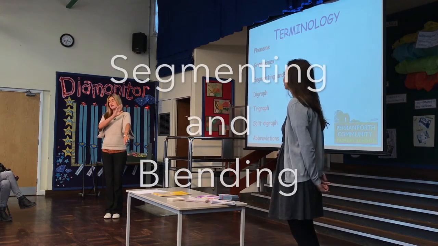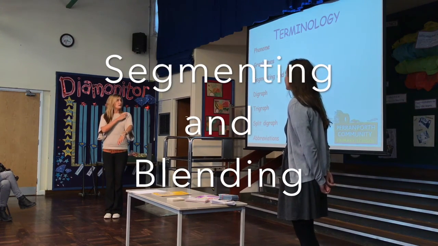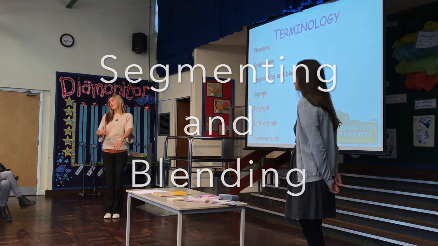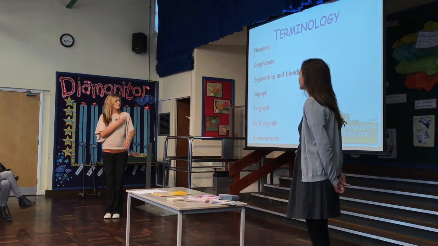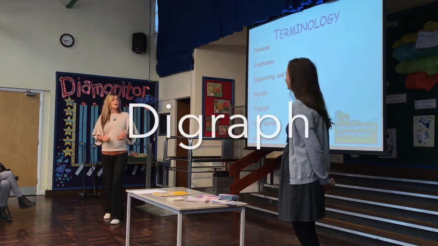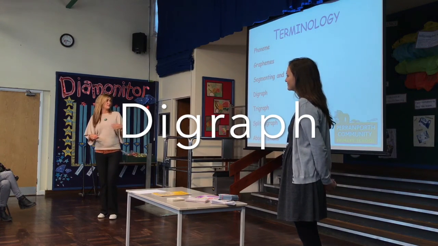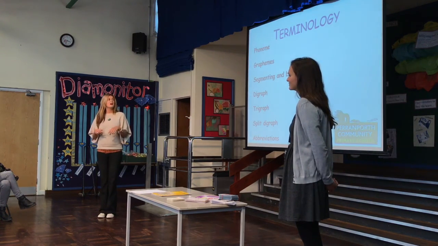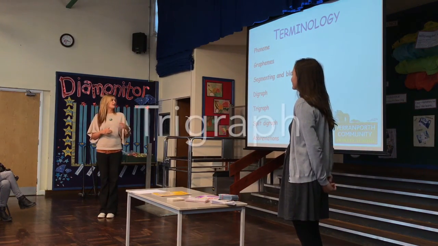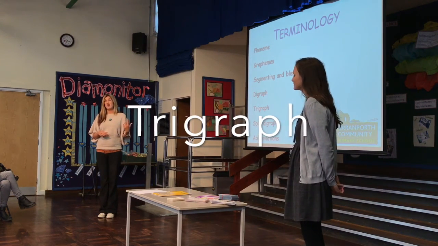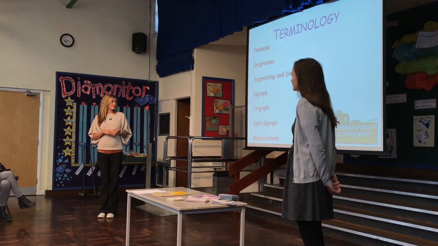Segmenting and blending is just as I've said, it's using sounding out strategies to make the word and blend the word. A digraph is basically 2 letters, 1 sound, so sh is a digraph. And a trigraph, obviously, is 3 letters, 1 sound.